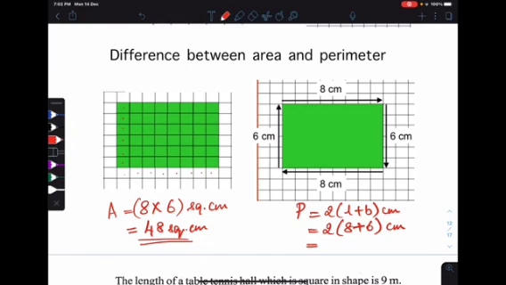So 14 into 2 is 28. I hope all of you could find out the difference, children. Perimeter is the boundary, but area is the space occupied. This is the space, and it relates to the outer boundary of any figure.